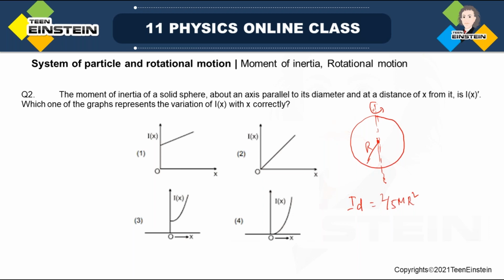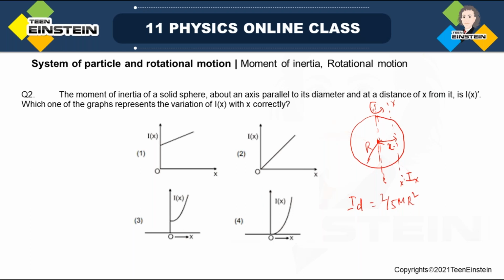Now you have been asked to calculate the moment of inertia about an axis, suppose this is x prime here, so this is x, parallel to the diameter and x distance away.